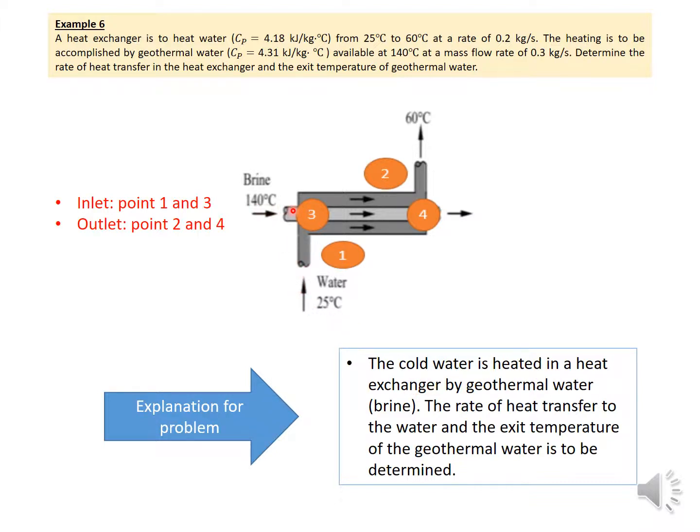The geothermal water flows from point 3 to point 4 and the water flows from 1 to 2. The temperature of the water increases as it goes across the geothermal water.